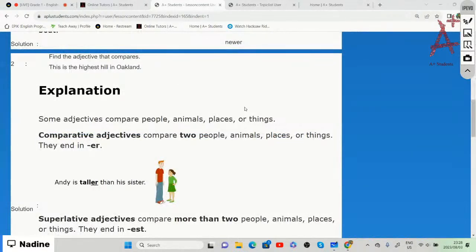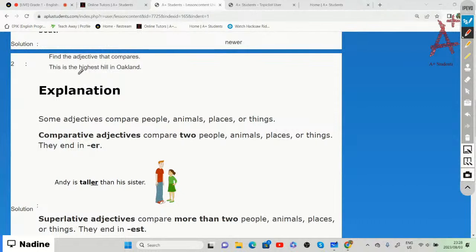This is the highest hill in Oakland. If we identify the adjective that compares, we can say highest is the adjective that compares. They're comparing this hill to all the other hills in Oakland.